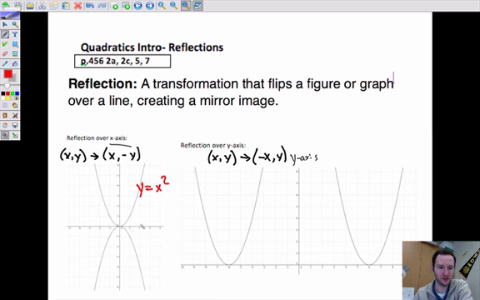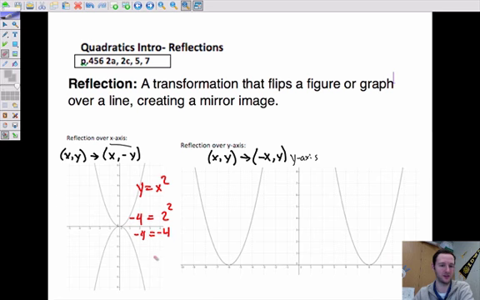So the point (2, 4) became (2, -4). So if I plugged in a 2 before, it was 2 squared is 4. But what I want now is I want the point (2, -4). So I'm going to plug in a 2 for x, but I want this to be negative 4. So all I really have to do is, this is 4, this is negative 4. If I want them to be equal, all I have to do is toss a negative on the front.